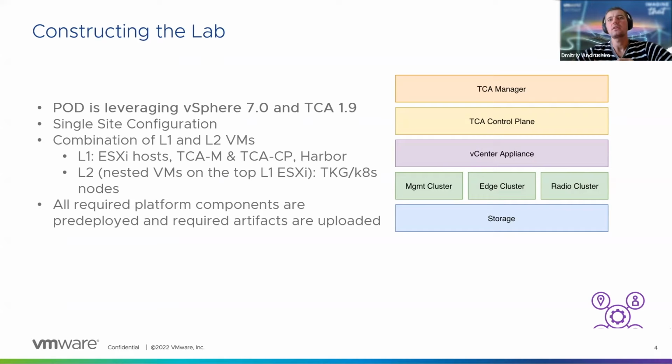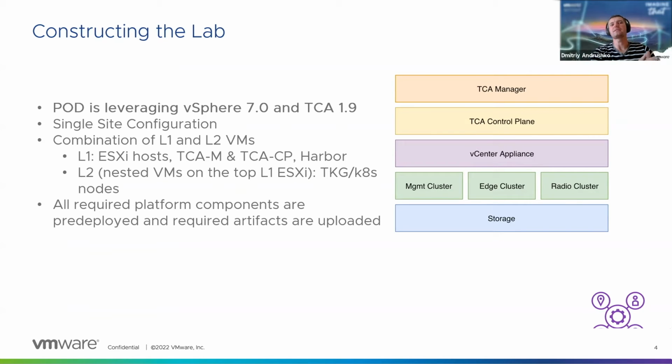During this lab, you'll learn how to utilize the CaaS capabilities of Telco Cloud Automation, and for the Kubernetes worker and master nodes, virtual machines will be deployed in the form of nested VMs. As a result, we'll have several layers of nesting.